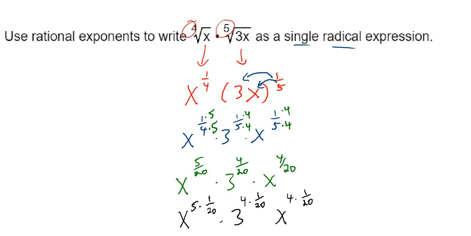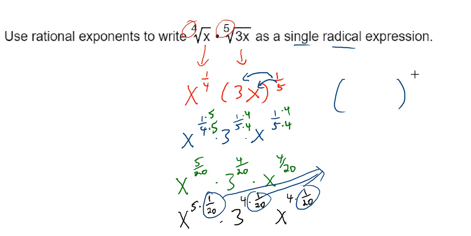And then because we have that same exponent of 1 over 20 in all three of our factors, we can undistribute it. We can bring it outside parentheses. So I'm going to put parentheses here, and outside of that parentheses, I'll have that 1 over 20 power. And then what will be left inside the parentheses is x to the 5th power times 3 to the 4th power times x to the 4th power.